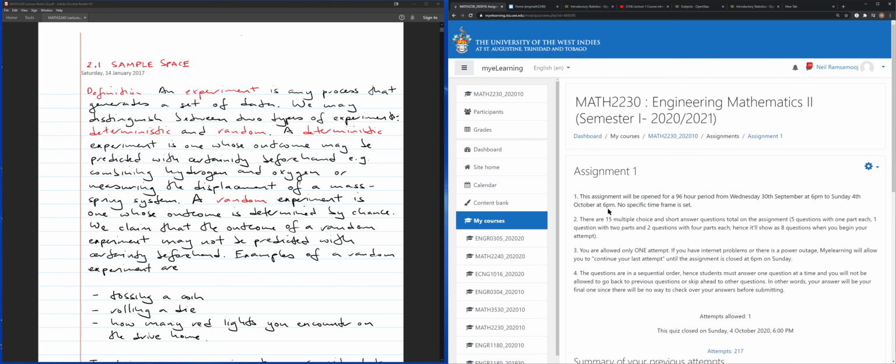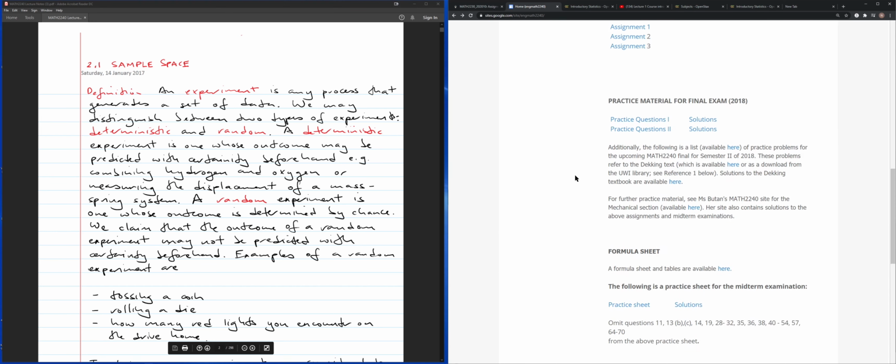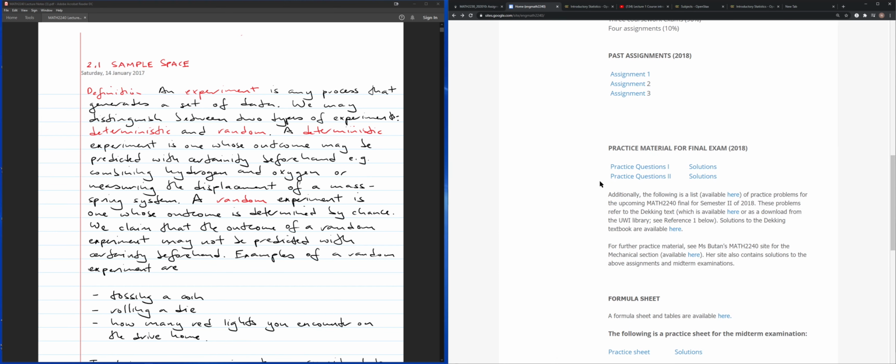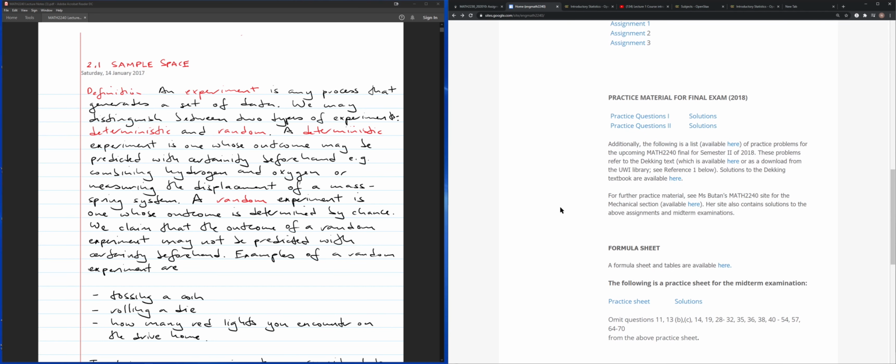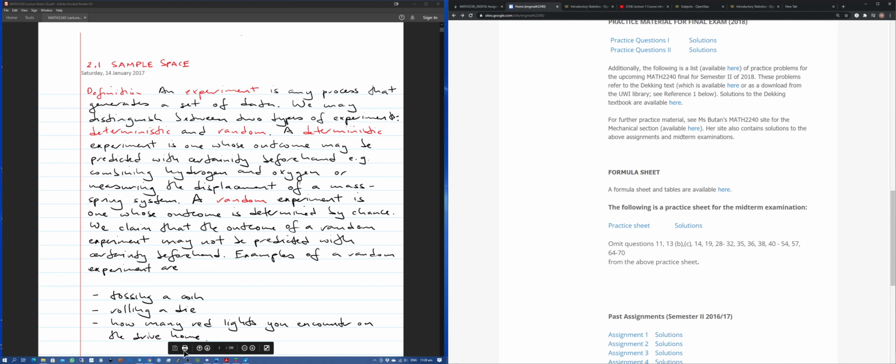The assignments will also have a similar structure to the assignments in 2230. In particular, you'd have 4 days to do your assignments. This website has practice questions and solutions that you can use to practice.